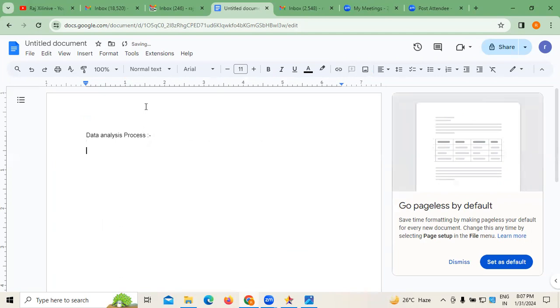In reference to the data analysis process, the first one is to define questions carefully. Second, we need to establish the measuring priorities.